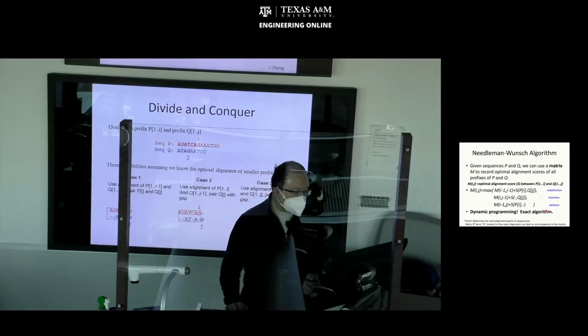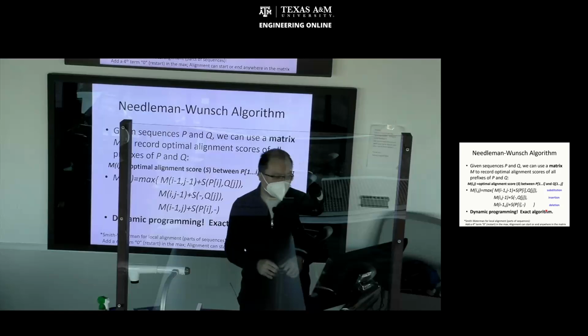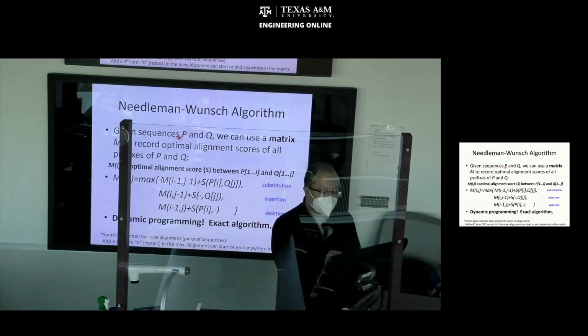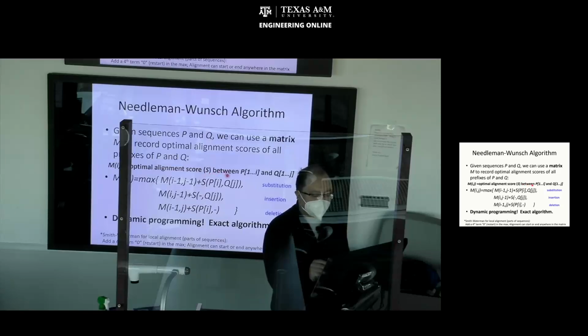And now how do we make it an algorithm, right? So the Needleman-Wunsch algorithm is saying the following. Given the sequences P and Q, we can use a matrix M to record the optimal alignment scores of all prefixes of P and Q. In other words, Mij means the optimal alignment score between the prefix of P and the prefix of Q if the stopping point is at i and j respectively, okay?